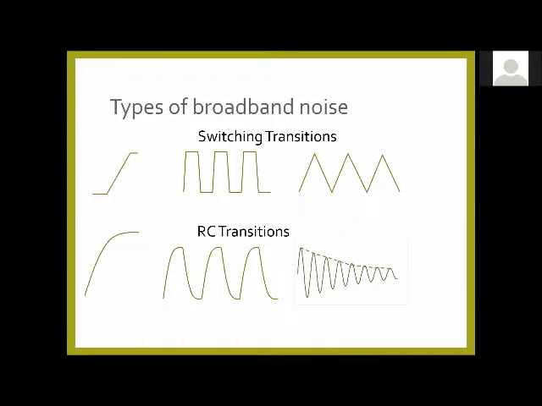Anytime you have a sharper edge, it's going to take more harmonics to add up to get that sharp edge. It's not like a sine wave. You've got more information. And so that's a real problem.